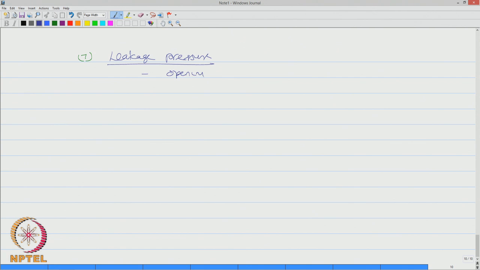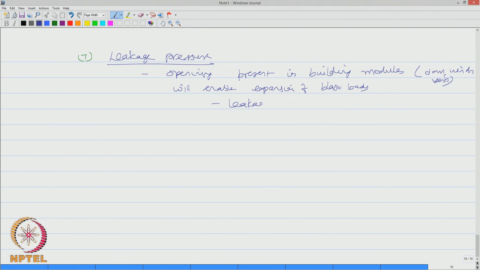Openings present in building modules like doors, windows, vents, etc., will enable expansion of blast loads. This is what we call as leakage pressure loads.